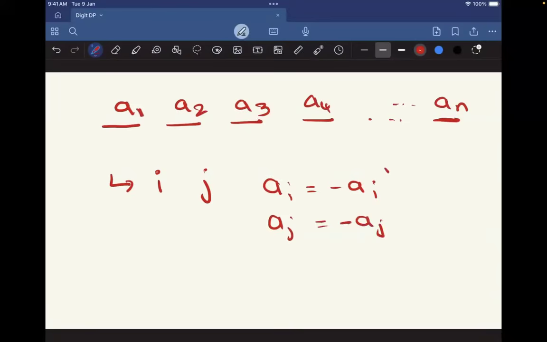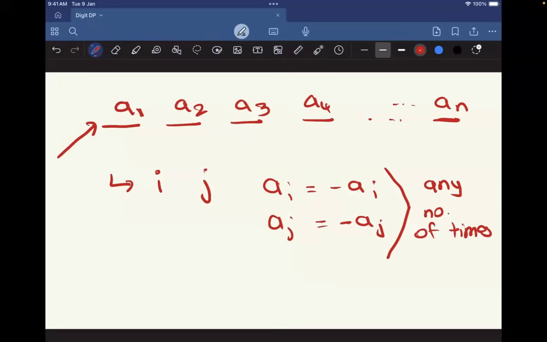This operation you can do any number of times. I want to know the maximum sum of the array which is possible after doing all these operations. Is this question clear, guys? Yes or no, guys? Tell me.